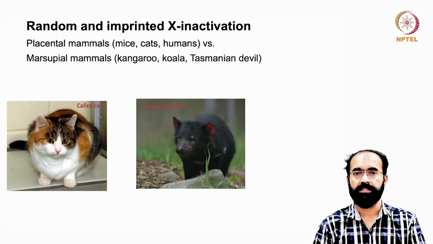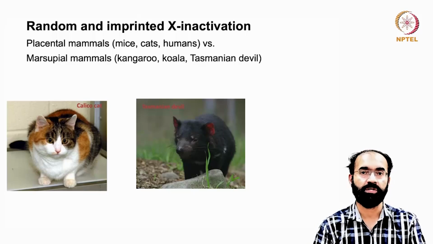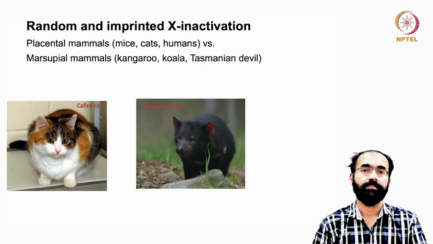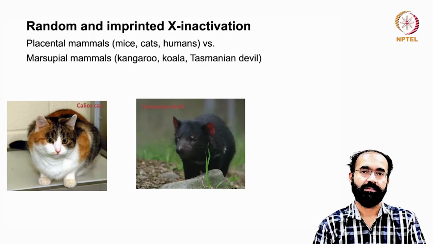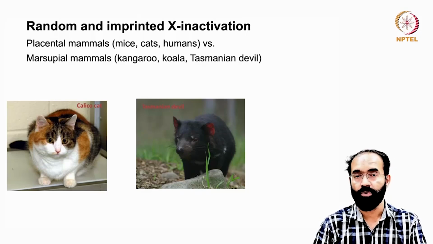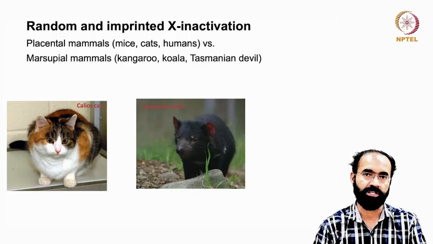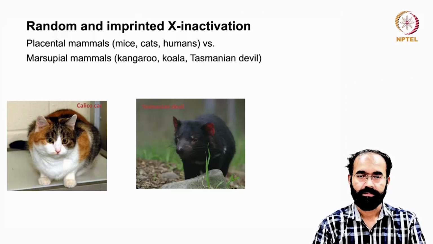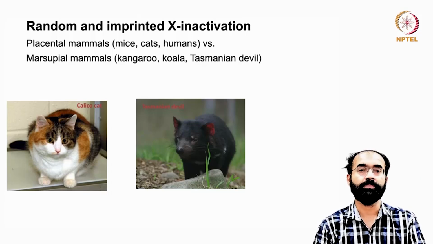If you see a cat that has black and yellow together, you don't need to look at what gender it is, because that must be a female. You don't have to bother. No male cat will have both these colors, yellow and black, together. We will see why. All we can imagine is it has something to do with the X chromosome, because the X chromosome is randomly inactivated.